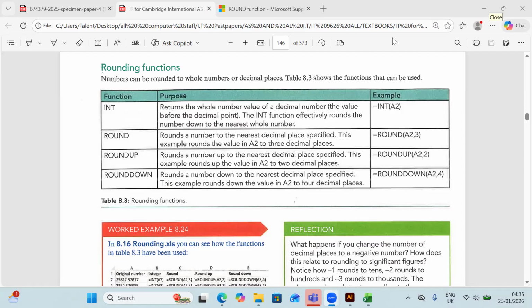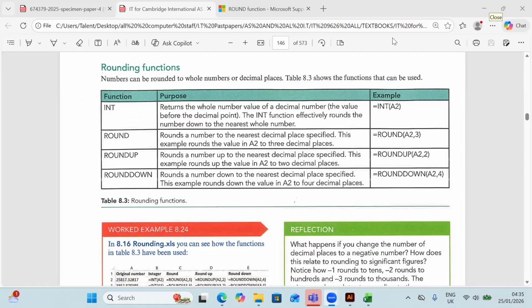So we'll explain the int. The int retains the whole number value of a decimal number. When we are given a decimal number, we are only going to extract the whole number part. This type of function actually ignores the comma and all the other values that are coming after the comma.